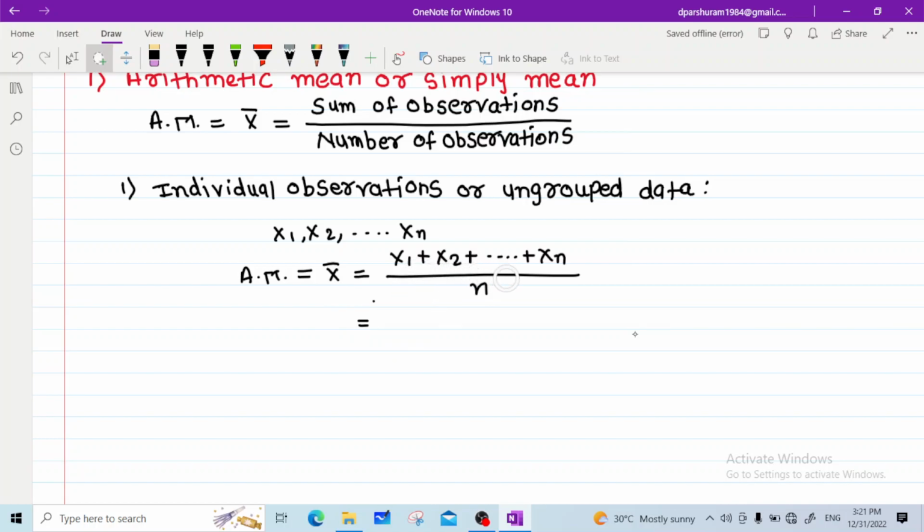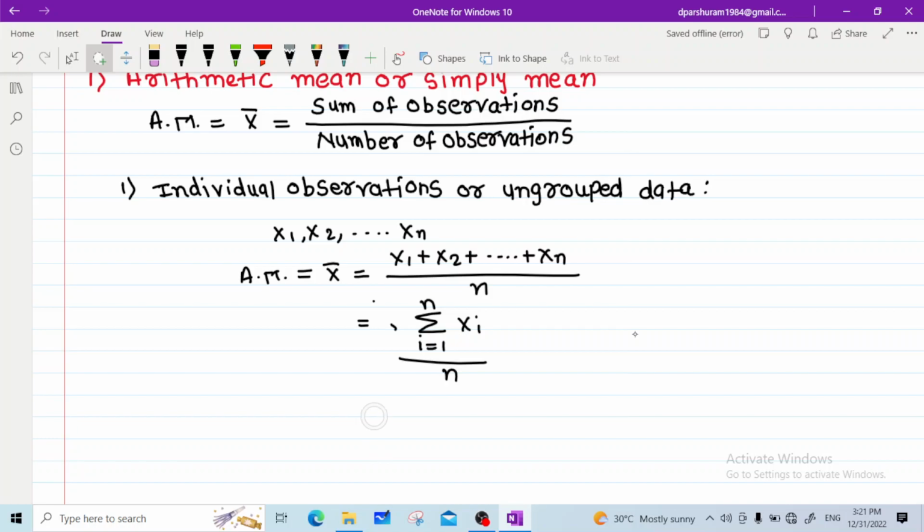This x1 plus x2 up to xn is represented in summation form as summation xi, i goes from 1 to n, divided by n.